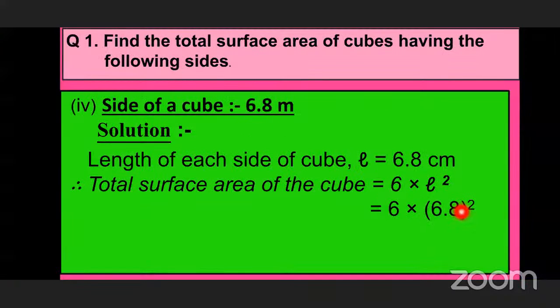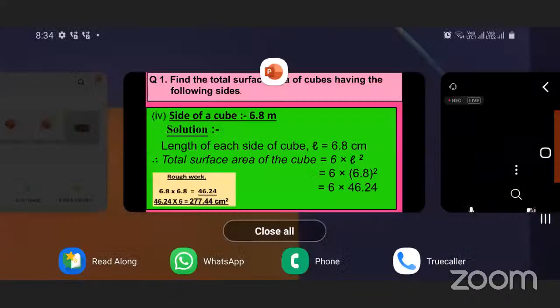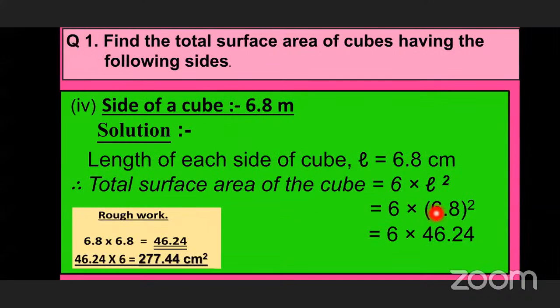We get the answer 46.24. Now we have to multiply these two numbers. 46.24 times 6, the answer is 277.44 square centimeters.